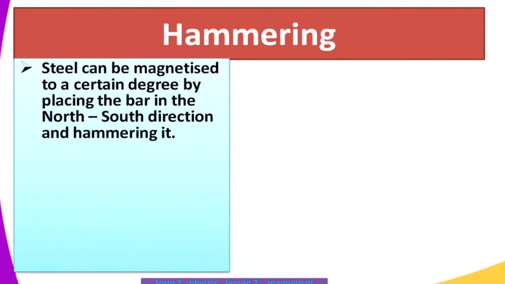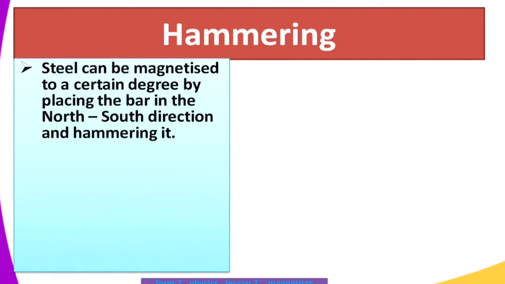To some extent, the magnetic domains within the steel are going to be aligned such that the steel is going to acquire a temporary weak magnetic property. So this method of magnetization gives a magnetic material temporary magnetism, and the magnet that is formed is rather weak compared to the other two methods that we have discussed.